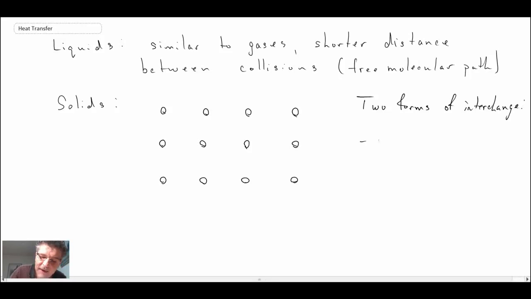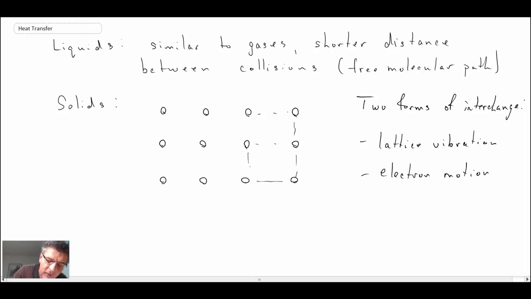We can have lattice vibration, and we can also have electron motion. Lattice vibration is where the connections between all of the atoms or molecules are vibrating. You can have these waves going through.